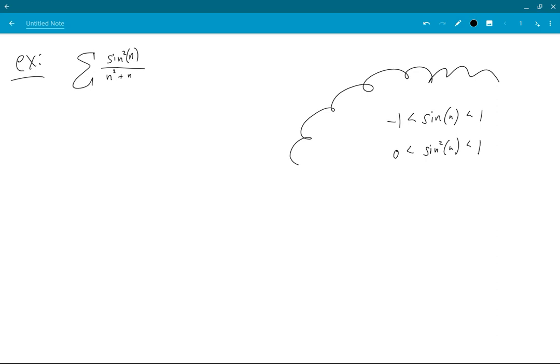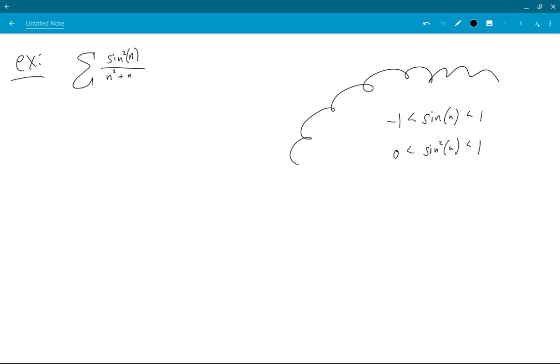Because when n is a positive integer, n will never equal pi over 2 to give me exactly 1 for sine of n. So no worry about that. So sine squared is less than 1.